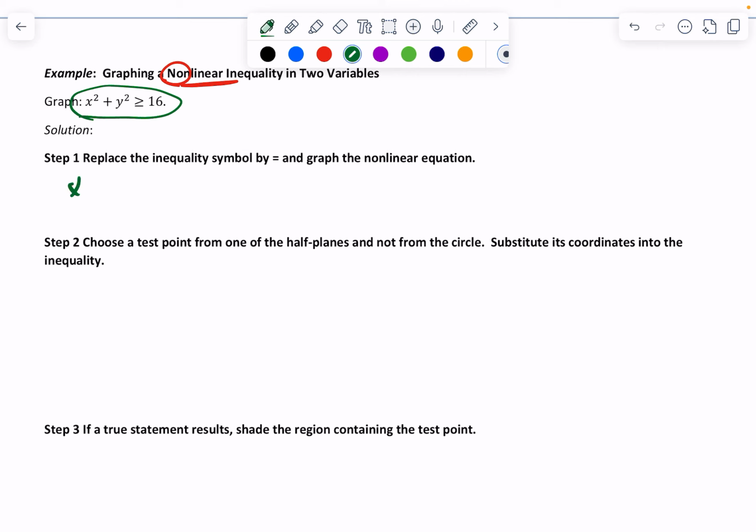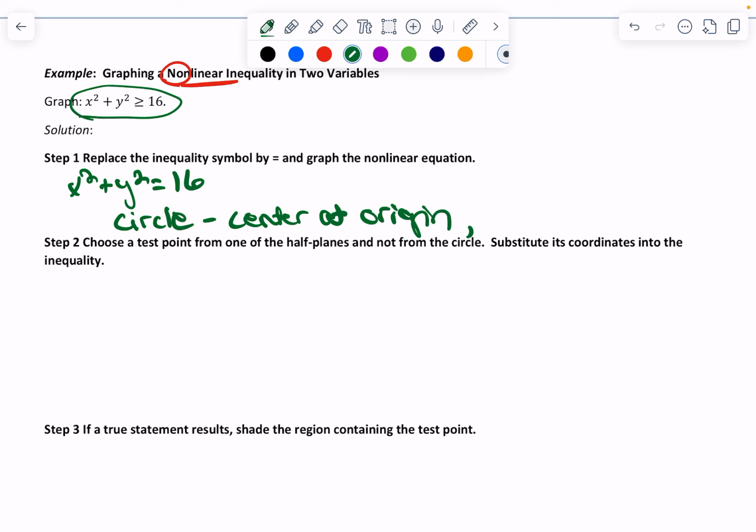So x squared plus y squared equals 16. Well, this, when we graph, gives us a circle. The center is at origin because we don't have anything with the x and the y, and the radius is square root of 16, which is 4.